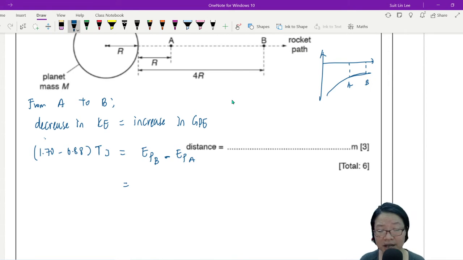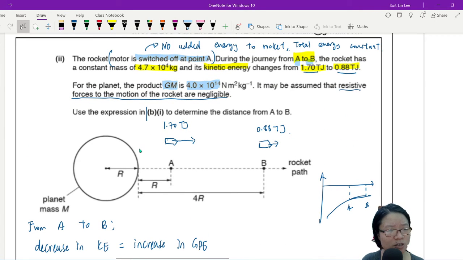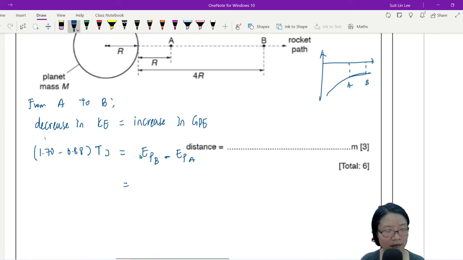I could calculate starting from scratch, but I actually did some work before. And the question actually says, use the expression in B1. So I can change this to M potential in B minus M potential in A, where M here is the mass of the rocket.